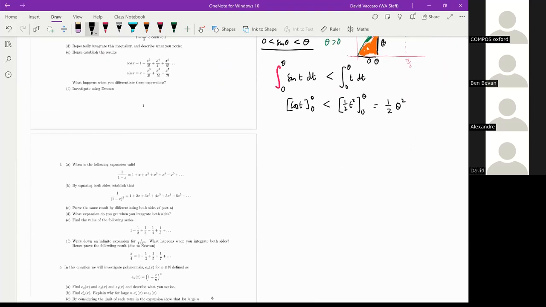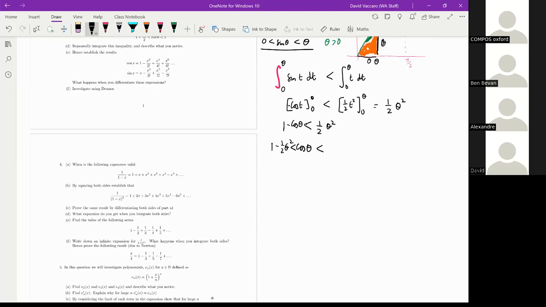And so now I substitute in my limits. So I get cos theta, since what differentiates to sine t is minus cos t. So I get minus cos theta minus minus 1, which is 1 minus cos theta. So 1 minus cos theta is less than a half theta squared, which if I rearrange it, I get that 1 minus a half theta squared is less than cos theta.